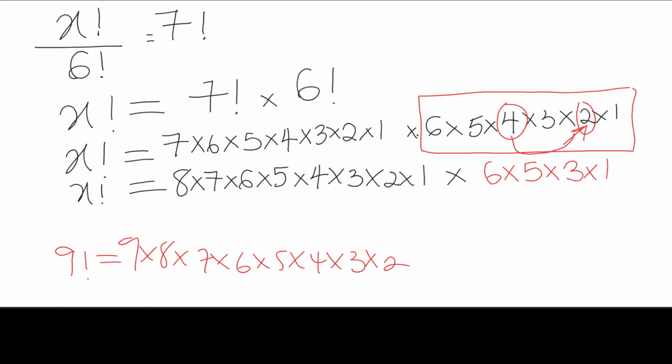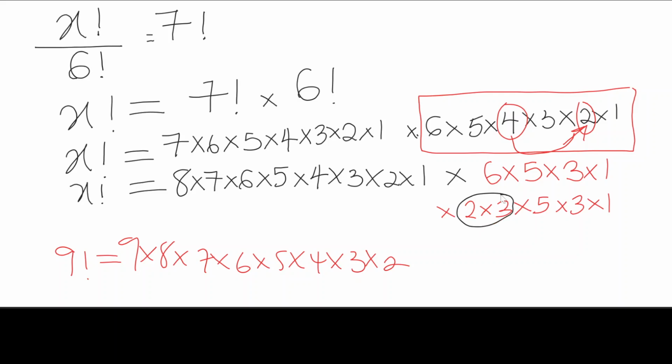From 6 times 5 times 3 times 1, instead of writing this, I can split 6 into 2 times 3, then times 5, then times 3, then times 1. Of course, 2 times 3 is the same thing as 6.